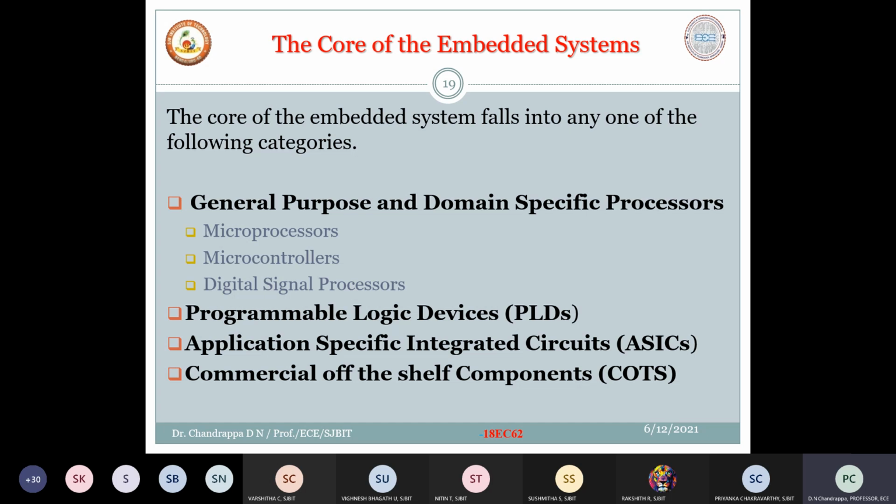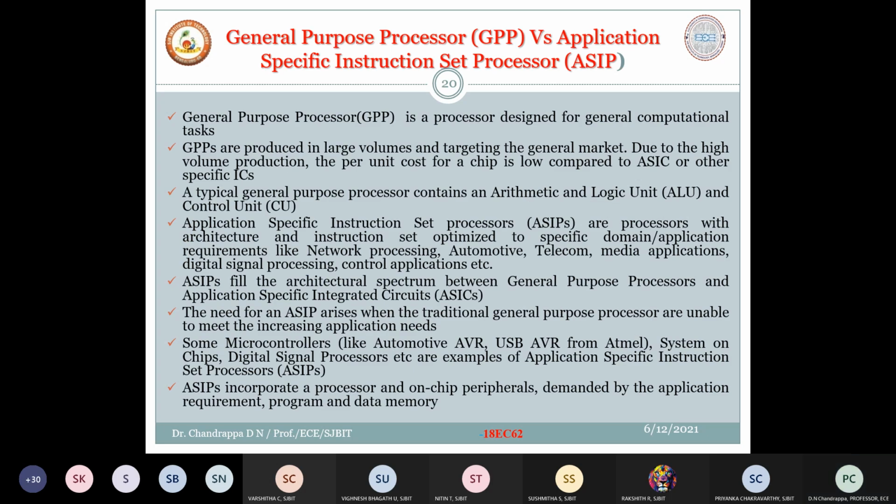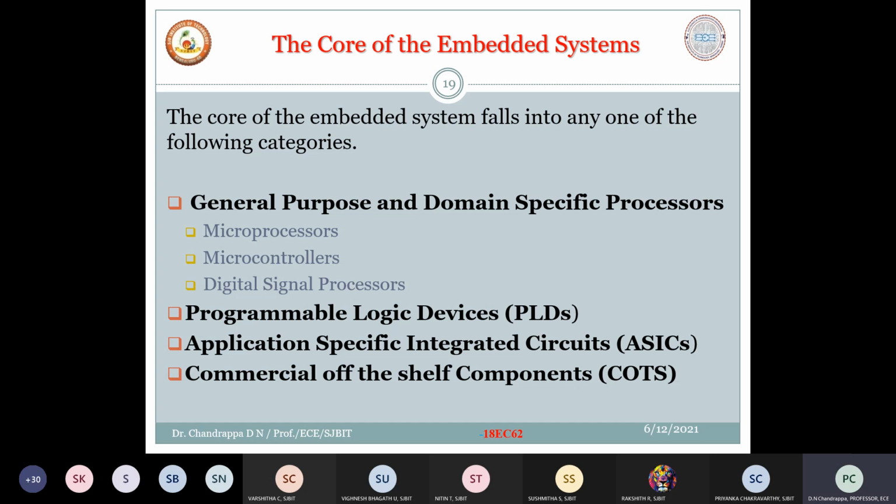Now we'll start with the first one, general purpose and domain specific purpose. In general purpose and domain specific purpose we have three parameters: microprocessor, microcontrollers and digital signal processors, DSPs. In today's class we're going to discuss microprocessor and microcontroller.